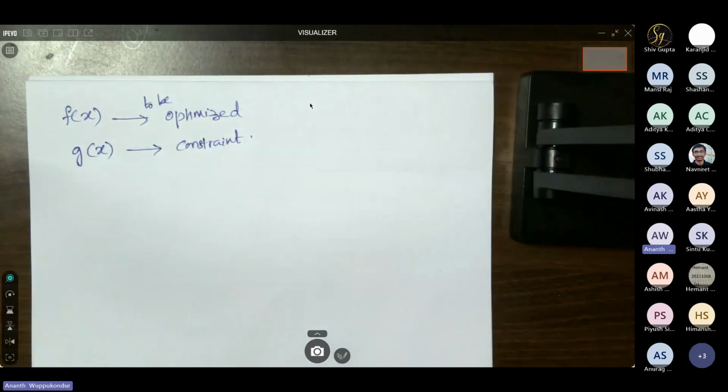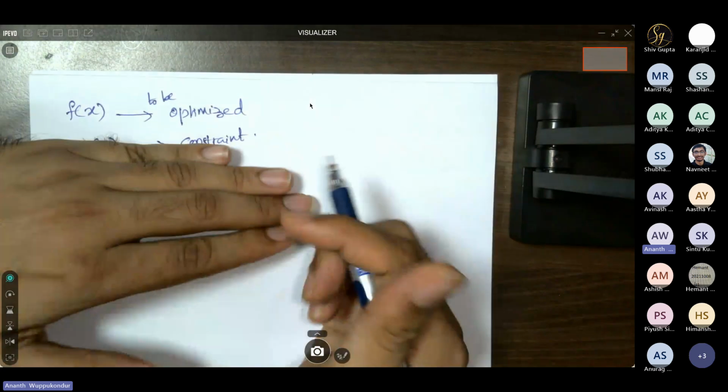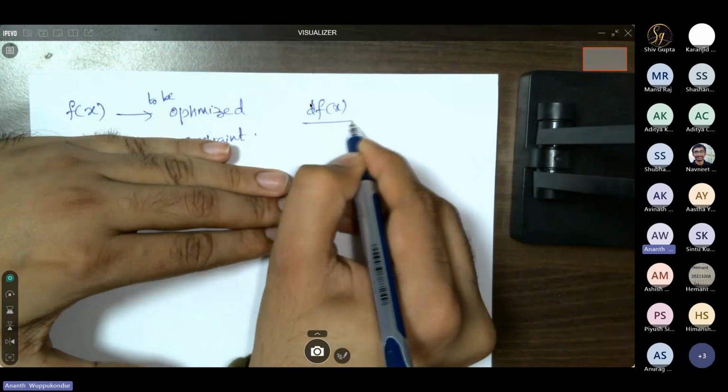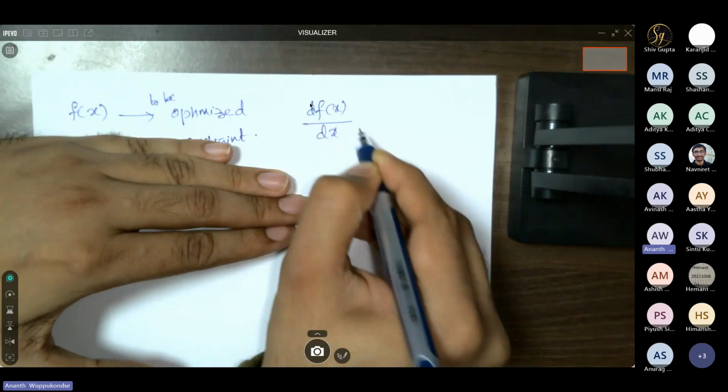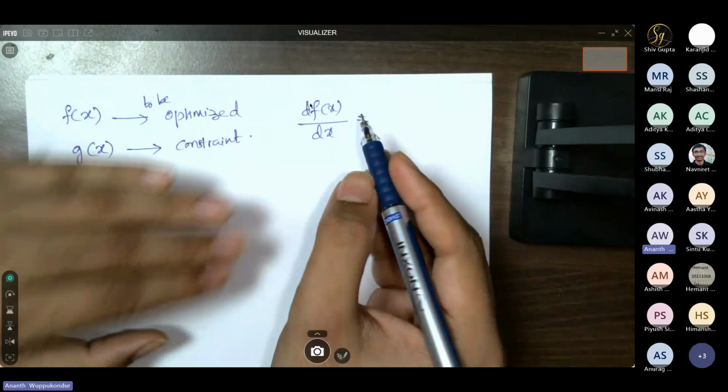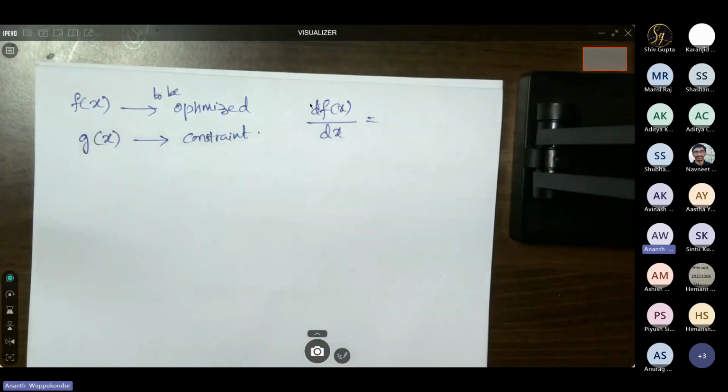If it is simply an f of x where you do not have any constraints, then you would simply take the differential of f of x with respect to x, and you would get either minimum or maximum. When you have a constraint, the procedure is going to be different when you want to find the minimum and maximum of a function. And the way that we would be doing it, I'm going to discuss that.